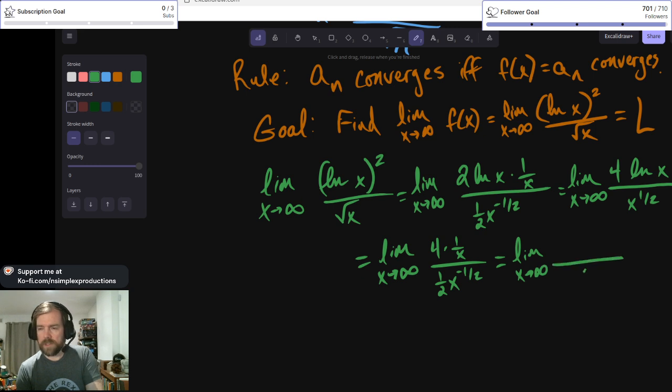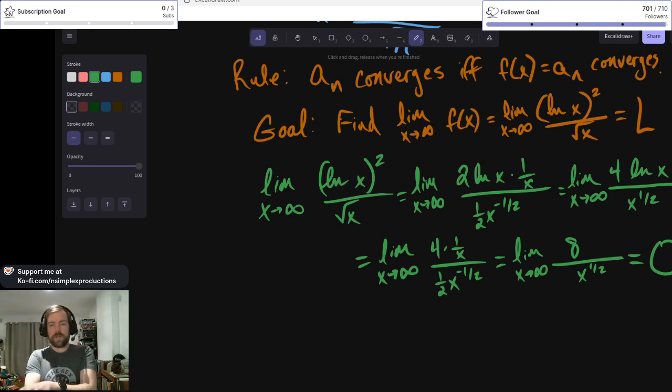That gets us an x to the 1/2 on the bottom, and on top we're going to have an 8. This is no longer indeterminate, right? Infinity plugged into this gets us an infinity in the denominator and a constant in the numerator, which means this is going to go to 0.